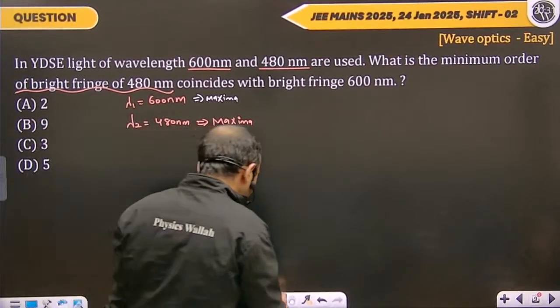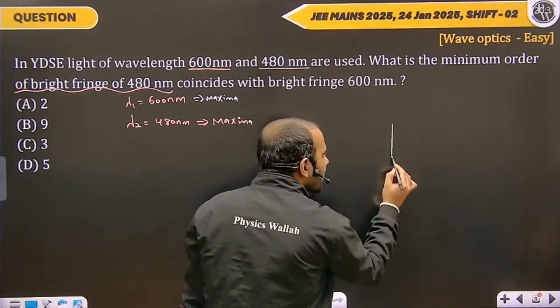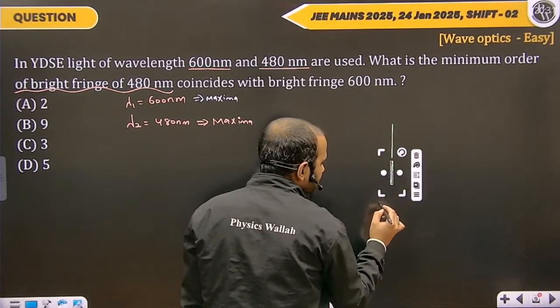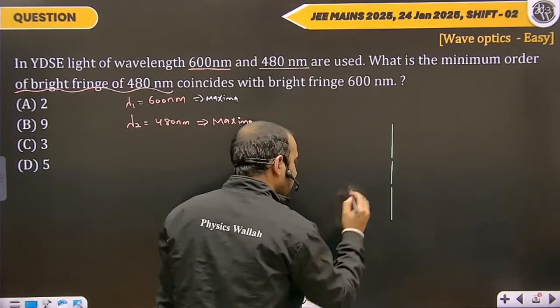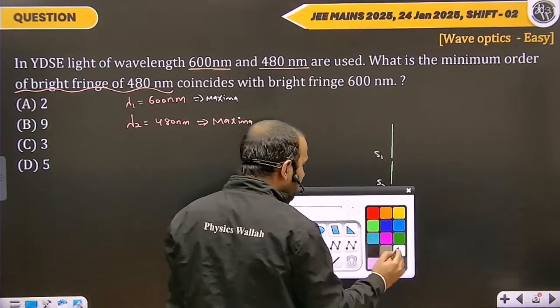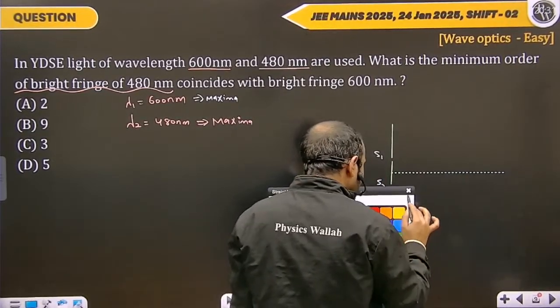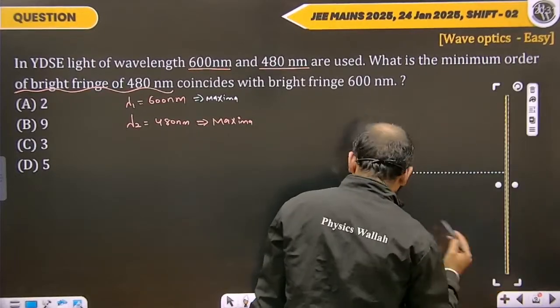See, we all know that in YDSE we have slits. In these slits we have used two wavelengths. At a certain distance capital D from the slits we have kept the screen.